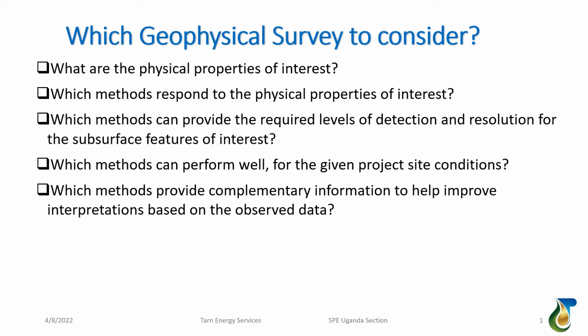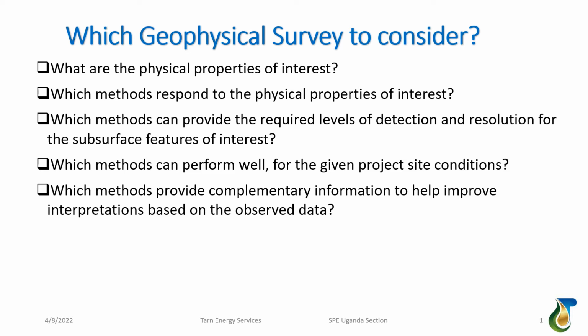Which methods provide complementary information to help improve interpretations? Usually we rarely use one geophysical survey method to draw conclusions. So as we are choosing, we look for two or three methods which are going to complement each other.